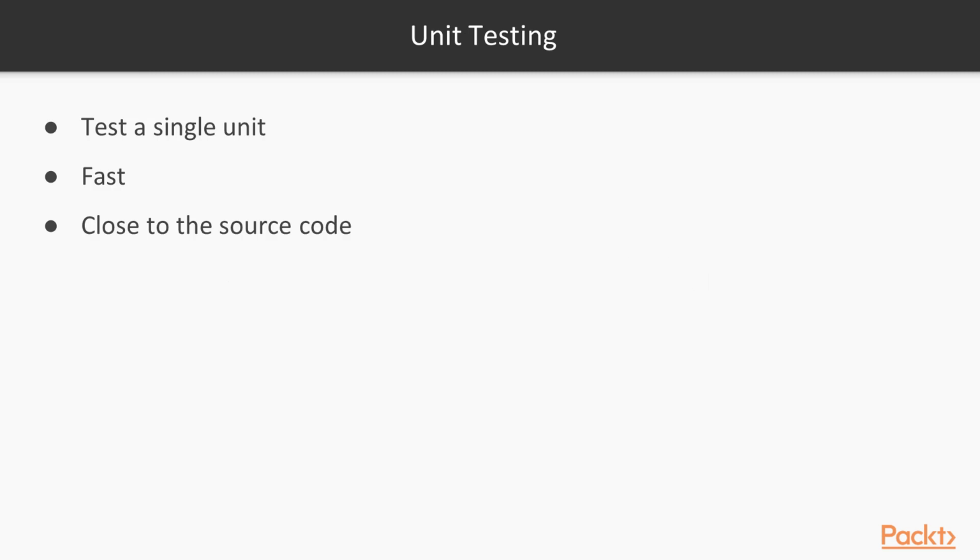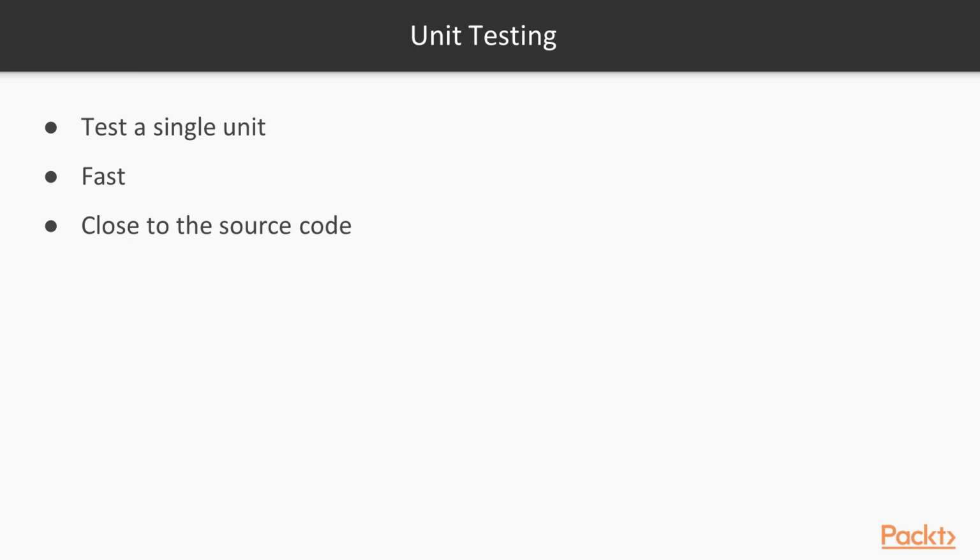Now, what is unit testing? Unit testing is a type of software testing which tests single units, so it divides and checks and tests only single units of code. For example, it tests a function, or if you have a lot of functions, then it tests them independently, as well as how they interact together.